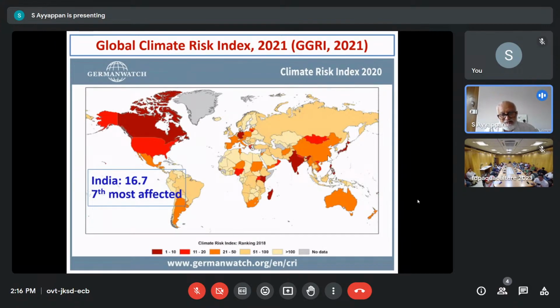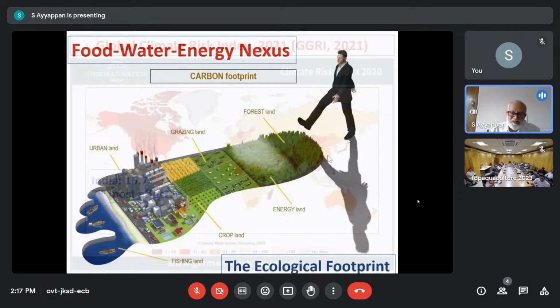Recently, we saw Cyclone Biparjoy, which affected Gujarat, Rajasthan, Delhi, all those areas, and it's all attributed to climate change and sea surface warming. In that context, on the climate risk index, we are quite high. India would be the seventh most affected country in the context of climate change. So we need to be extremely careful.